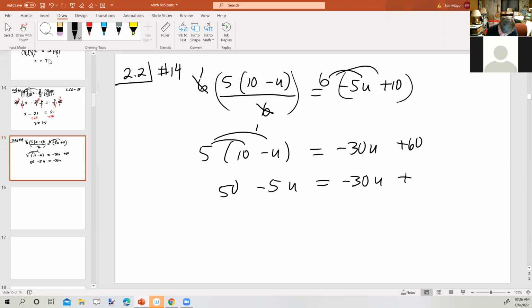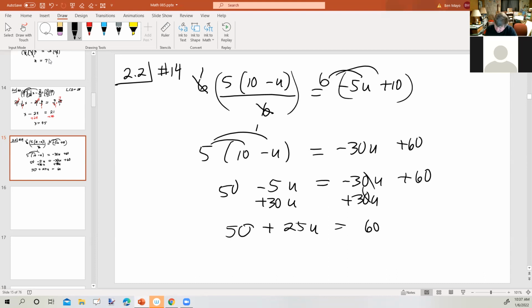Okay, so now I've simplified both sides and cleared the fraction. I'm going to put u on the left side of the equation, so I'm going to add 30u to both sides. I get 50 plus 25u equals 60.